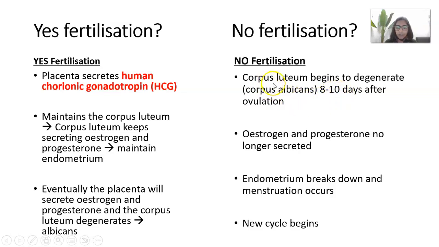Because the corpus luteum has developed into the corpus albicans, estrogen and progesterone concentrations are low because they are no longer secreted. As a result of progesterone and estrogen concentrations being low, the endometrial lining breaks down and we start a new cycle. So this is the normal situation as you know it right now.